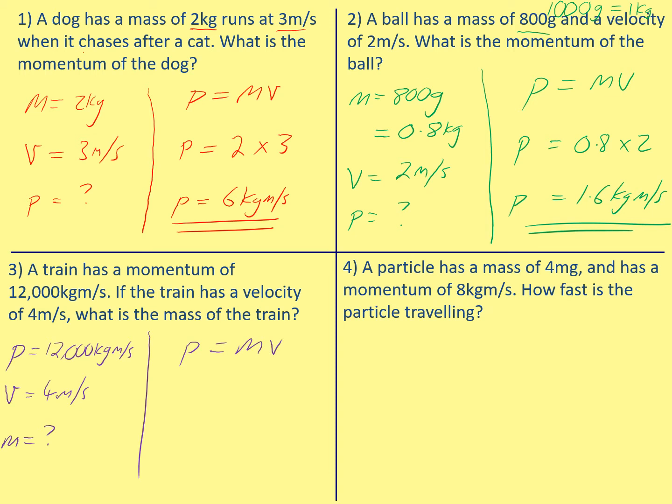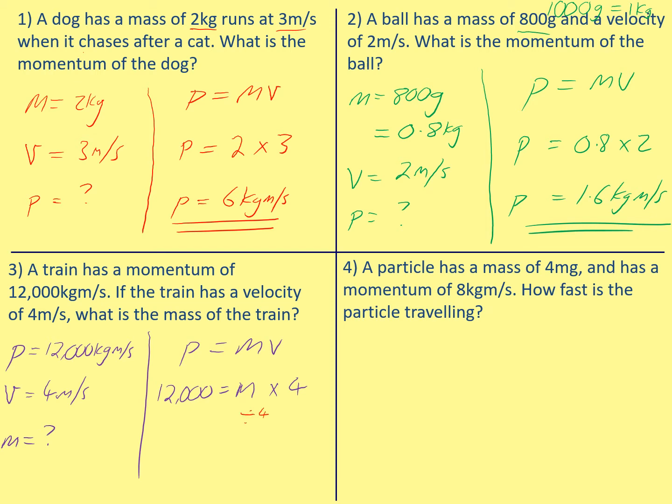Now we put in the numbers we know. I do know P this time, so directly under P, I'm going to write 12,000 is equal to mass, which I don't know, leave that as m, times the velocity, which is times 4. Now on this side, I've got times 4, so we need to do the opposite.